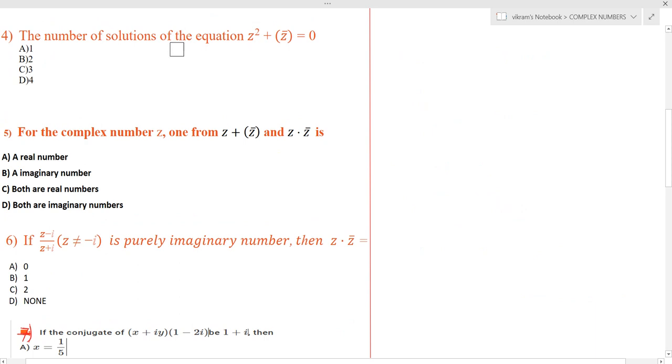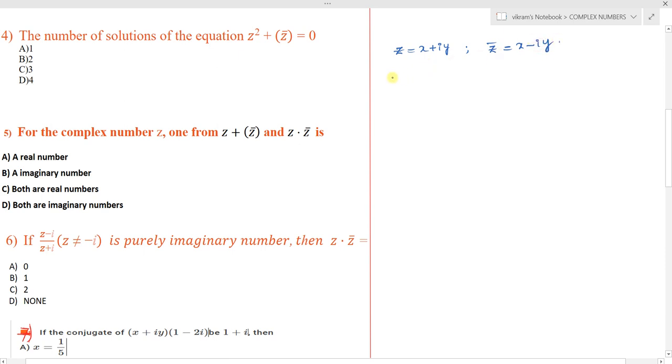Fourth question: the number of solutions of the equation z square plus z conjugate equals 0. How many solutions does this equation have? Consider z equals x plus iy, then z conjugate is x minus iy.